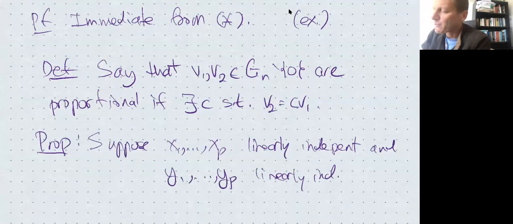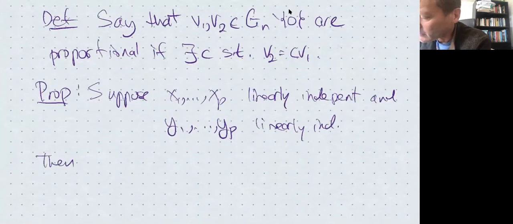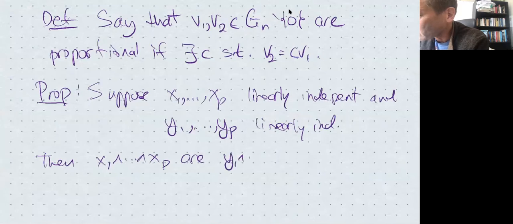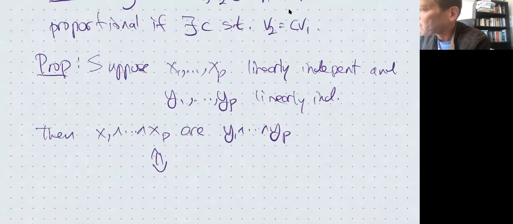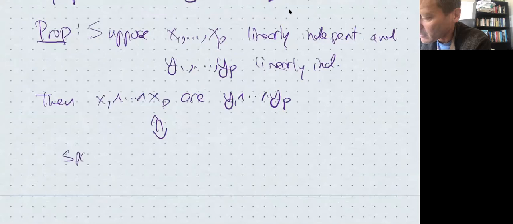We want to know when they're proportional, when the corresponding p-blades or decomposable elements are proportional. And this happens if and only if they span the same space over R.